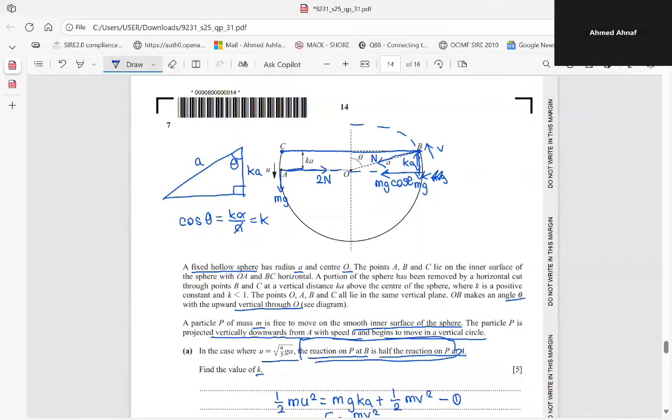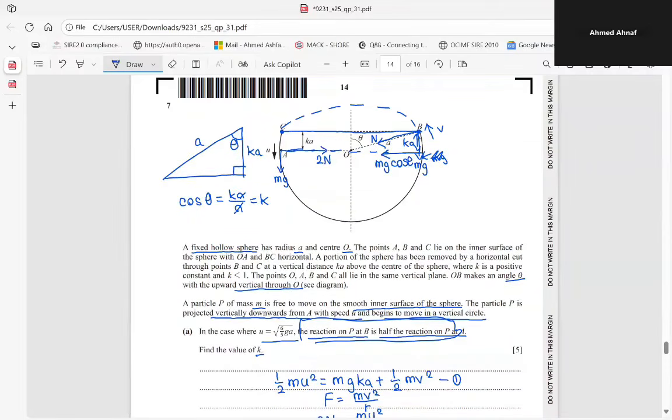So this would result in projectile motion all the way until C, because only gravity would be playing a part in its motion. In order to do that, we should know what our V is.